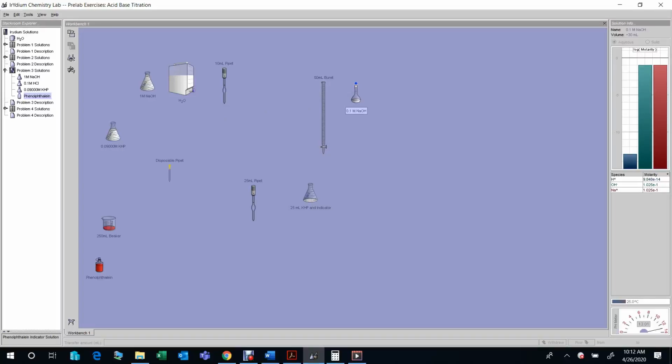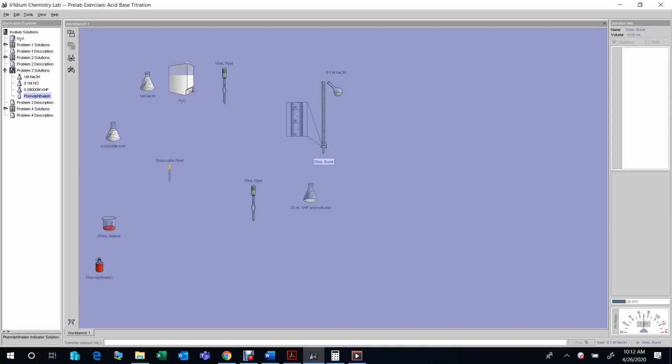Even though we want to fill 50 milliliter burette, when we do the transfer, we cannot input 50 milliliter, because this pouring through beaker is not very accurate, and it's very likely we'll overshoot. If we input the transfer amount to be 50 milliliter, the system will suggest we use.